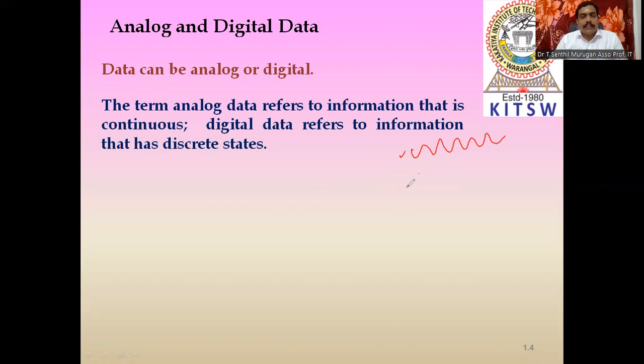But digital data is discrete data. Discrete data means we know the values. For example, 1010. So we can represent it like discrete values, that is digital data. Analog values are continuous.